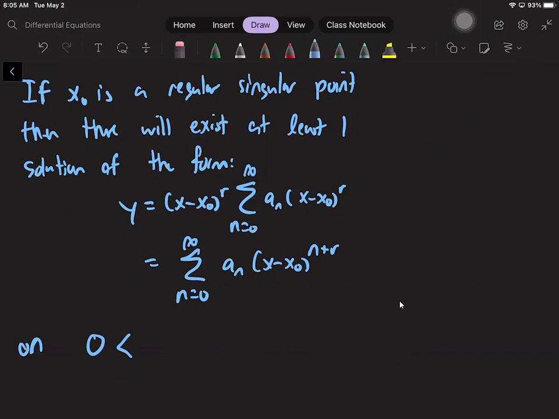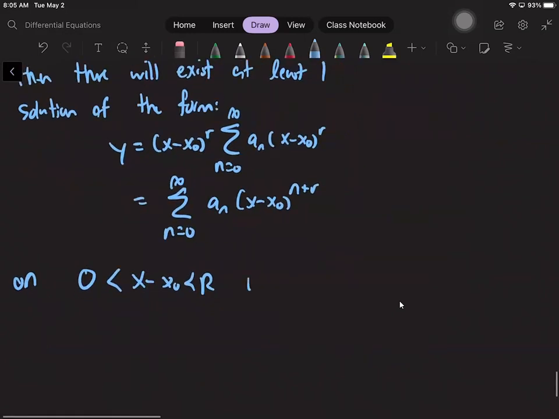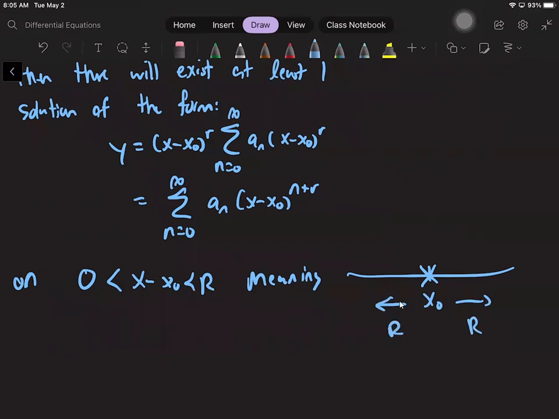So we write it like this. So it's between 0 and r, meaning if you just draw it in a picture, it looks nicer. So right at x naught is not valid. So maybe I'll draw a big X there. But you can go out the radius of convergence in either direction, and it's valid everywhere in between.